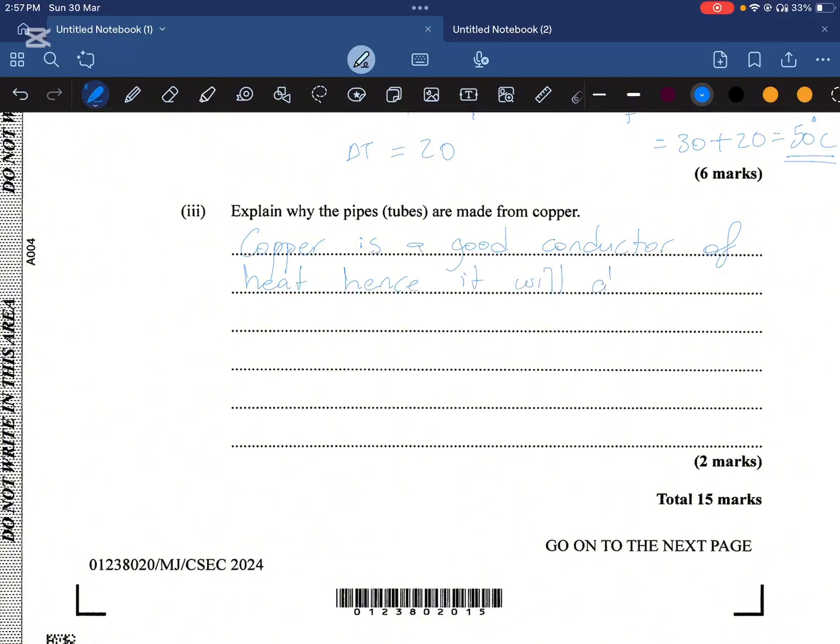Hence, it will absorb more heat from the sun to send it to the water running in it. And that's the purpose of using copper, because you want to maximize getting heat from the sun to warm up the water.